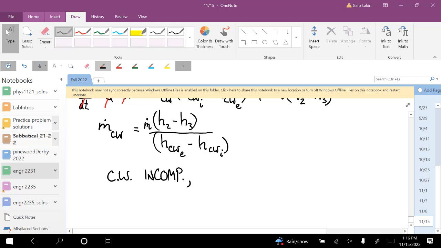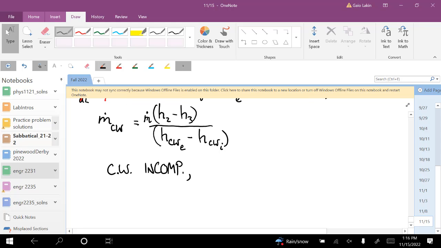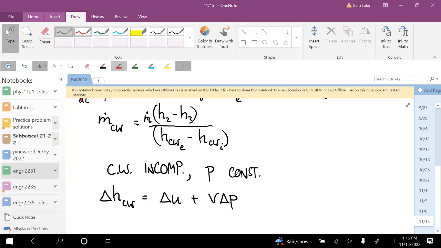Okay, so the cooling water is incompressible and the pressure is constant from the inlet to the exit. So the change in enthalpy for the cooling water is the change in specific internal energy plus VDP, and that second term goes away.